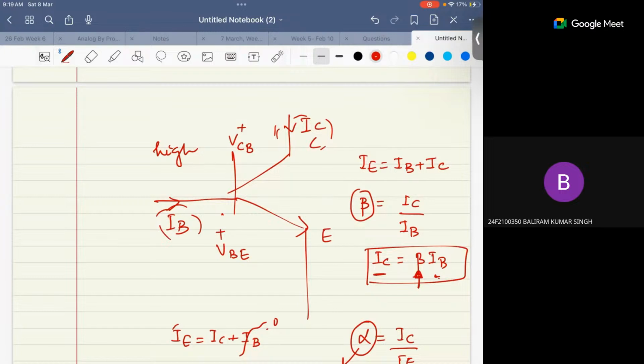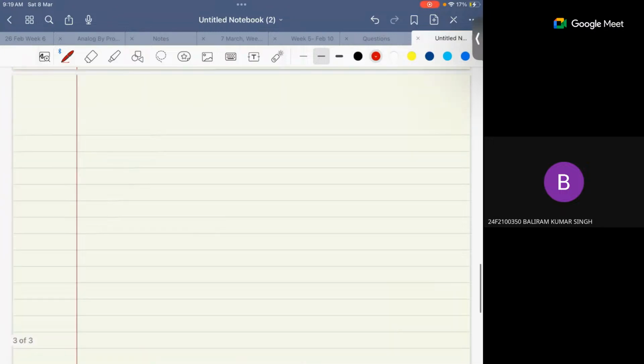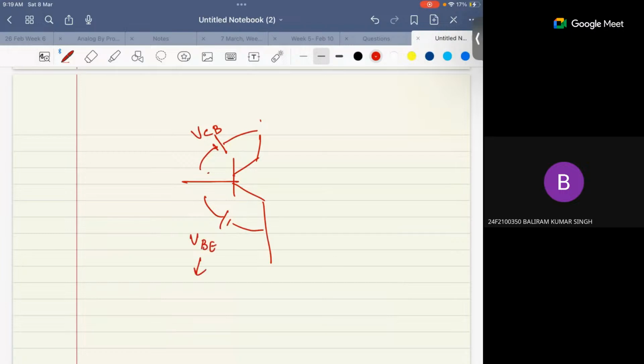Normally VBE for a silicon type of doped material is 0.7, and for germanium it will be given as 0.3 or 0.2, whatever the value. So this is IB, IC, and IE. And this will be the voltage VCE.